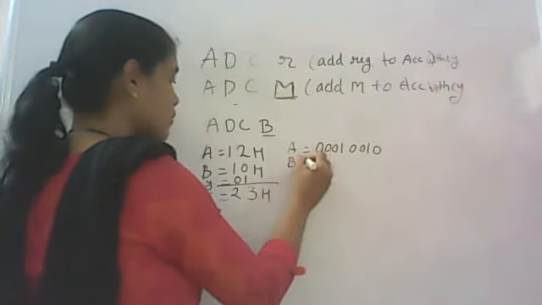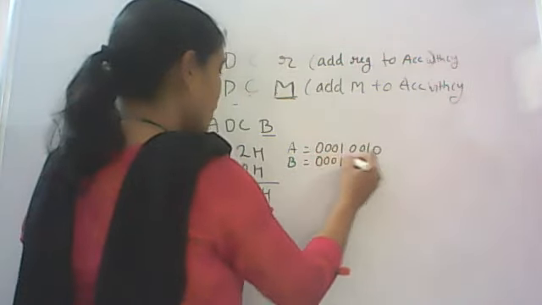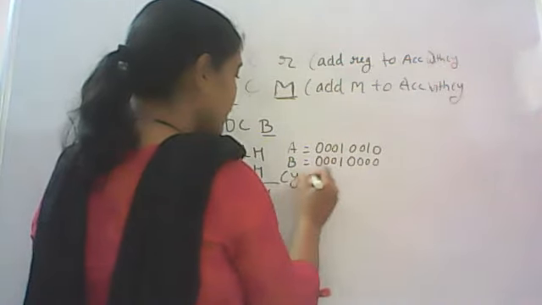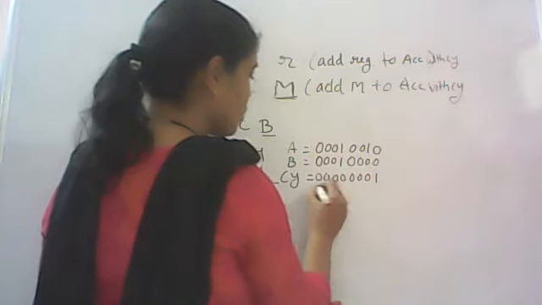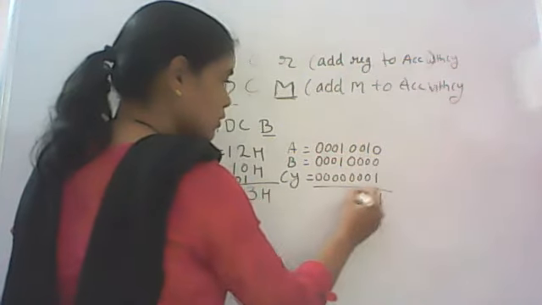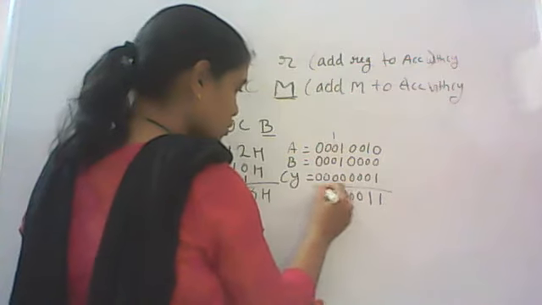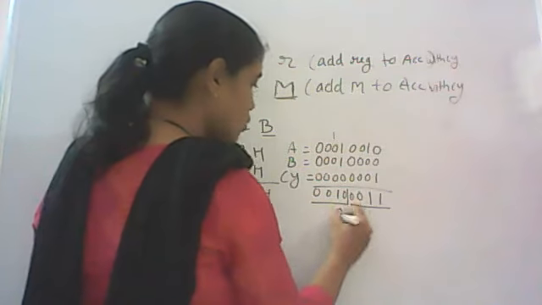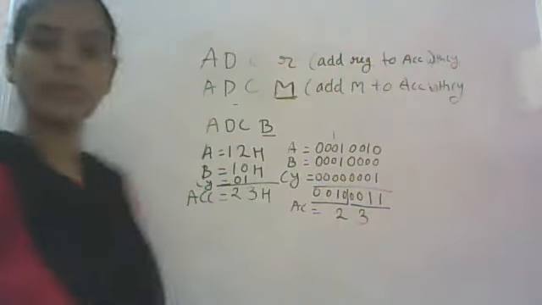Then register B is 0001 0000, and carry equals 1. Adding these, we get 23, so 23 is stored in accumulator.